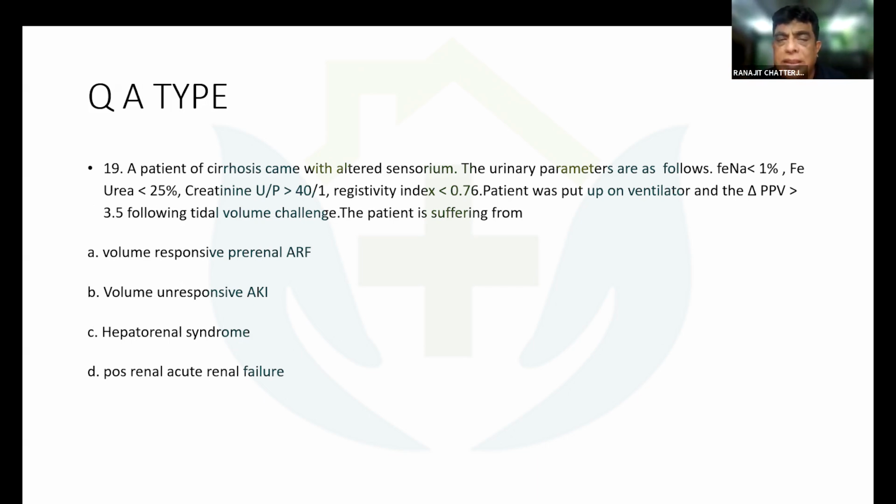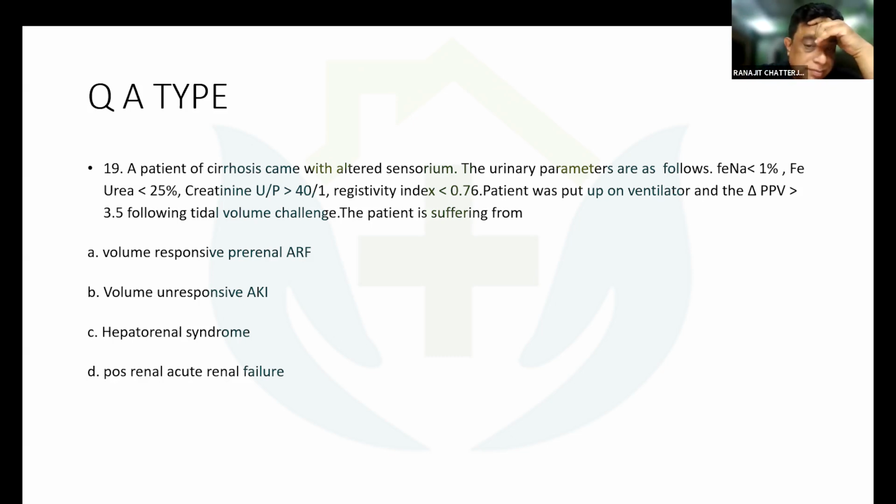Fractional excretion of sodium less than 1%, urea less than 25%, urine by plasma creatinine more than 40 by 1, renal resistivity index less than 0.76. The patient was put on a ventilator and the delta PPV was found to be more than 3.5 following a tidal volume challenge. The patient is suffering from volume responsive pre-renal AKI, volume unresponsive AKI, hepatorenal syndrome, or post-renal acute renal failure.